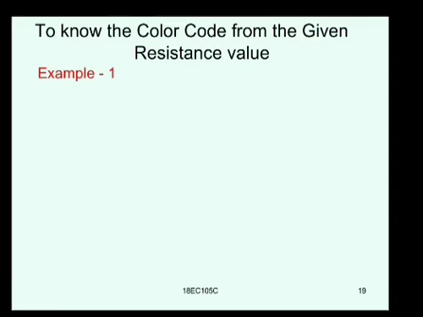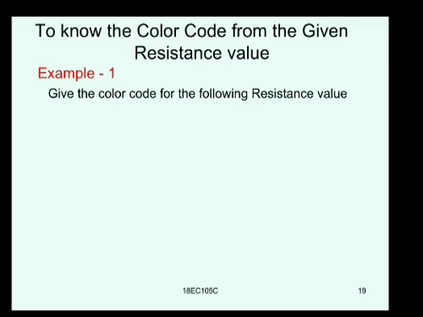Now let us find the color code from the given resistance value. That means here we are trying the reverse of that. We have been computing the value of the resistor for the given color codes. Now let us find the color code for the given resistance values. Given the following resistance value of 1 mega ohms plus or minus 10%, 1 mega ohm can be written as 10 times 10 to the power of 5.